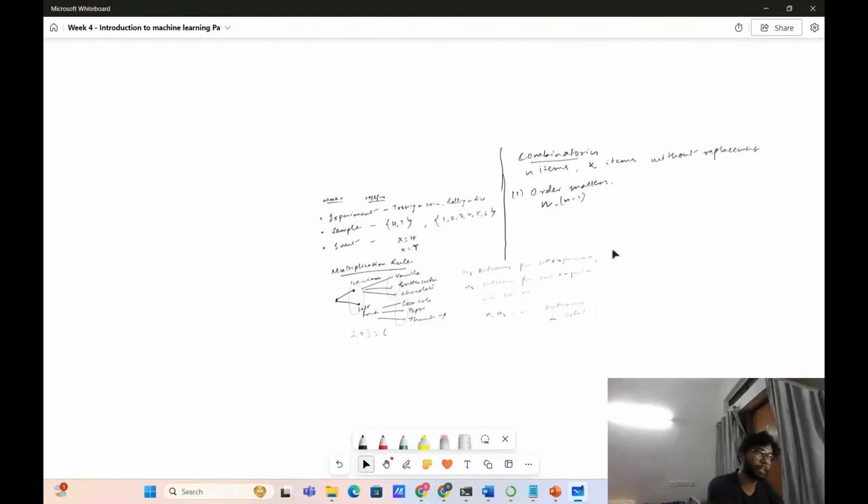So we'll multiply this by n minus 1. And then for picking the third ball, you have n minus 2 choices, right? And so on, till n minus k plus 1. Is that fine? We're just using the multiplication rule that we used earlier.